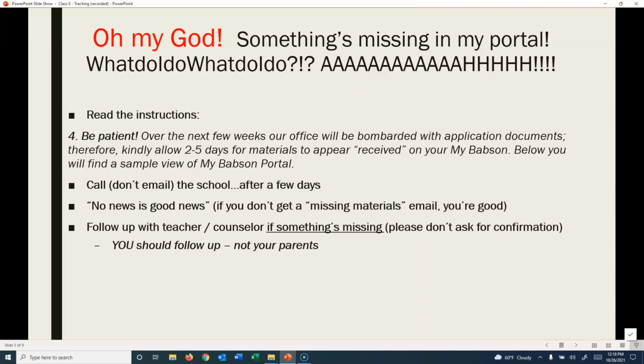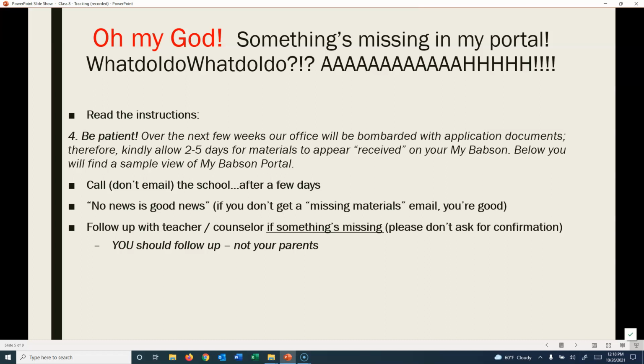However, no news is good news. Even if something is showing as missing on the portal, if you don't get a missing materials email, you're okay. If it makes you feel good to give a call after a few days, go right ahead. But most things will appear in the portal after about 2 to 5 days. So give it just about a week.